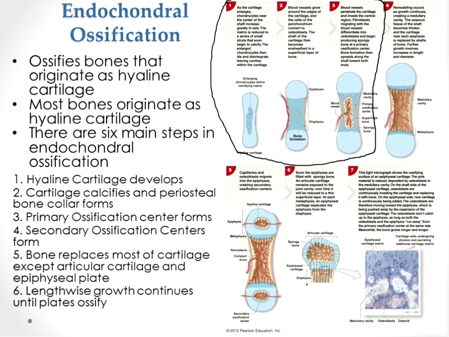Now, because of the perichondrium, because of the endochondrium, we still have cells that are stem cells that can become more bone cells and lay down more matrix. And so what we're going to see is in and around this medullary cavity, we're going to start to add osteocytes, we're going to start to add more matrix, and we're going to start to see a thickening of that area between the perichondrium or periosteum and the endosteum. Okay?